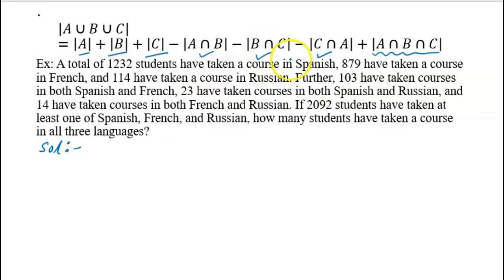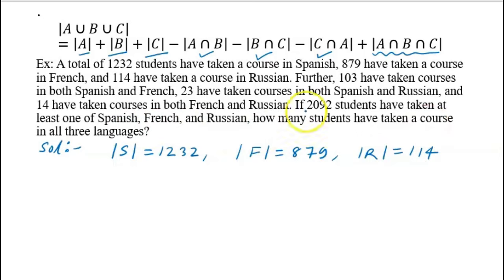I am using the Spanish set, the set of students who have studied Spanish, as the set S. So the total number of elements in set S is 1232. Those who have studied French, I am calling them F, and that is equal to 879. And those who have studied Russian, it is equal to 114.